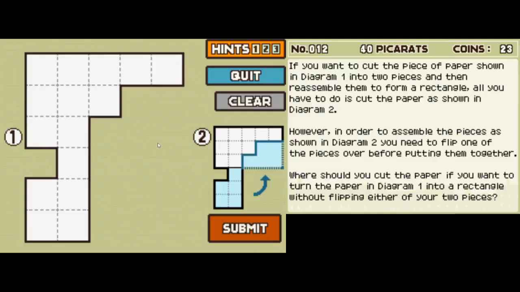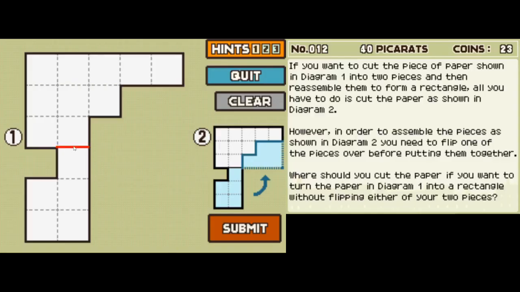I mean, truth be told, in my opinion, I would have to cut this part and then I have no choice but to flip it over. Oh, I think I know. Okay, so without flipping any of the pieces. No, wait, I can. If I turn this around and then turn this part around. So basically, it's just this part right here.